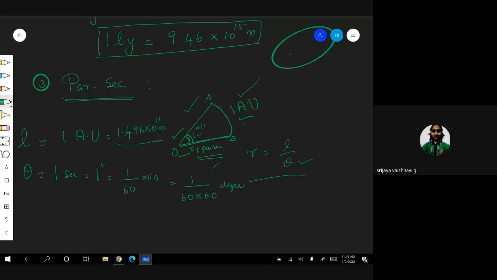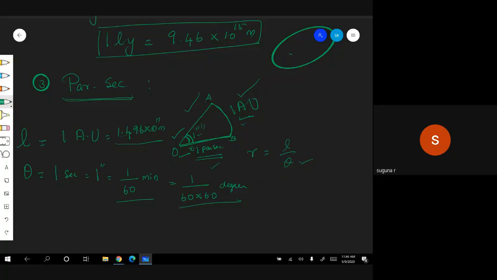See, step by step I am going. 1 second, first I converted into minute. After that I am converting it to degree. After that I am converting into radian. So degree to radian, how to convert?